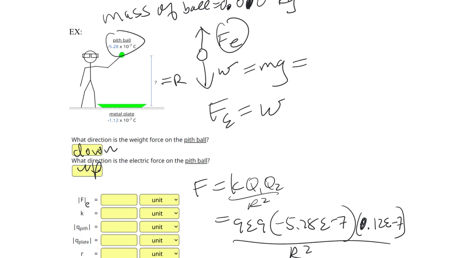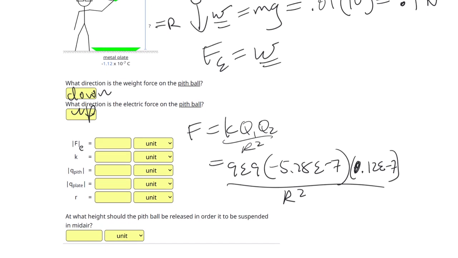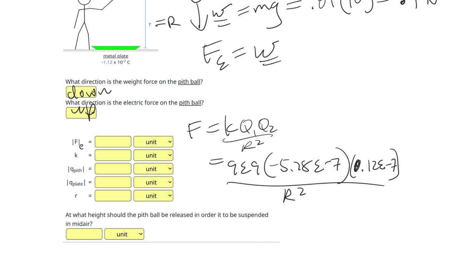So the weight of the ball is 0.01 times 10, which is 0.1 newton. So the weight of the ball has to equal the electrical force supporting it. So I'm going to put 0.1 here.